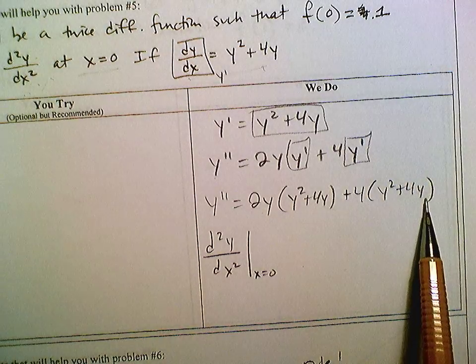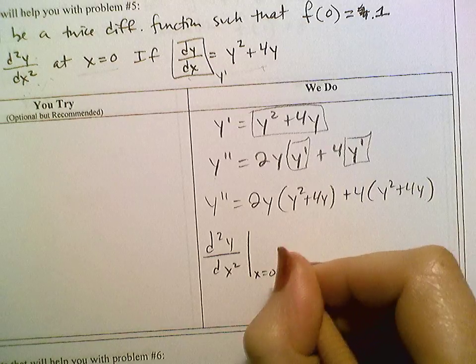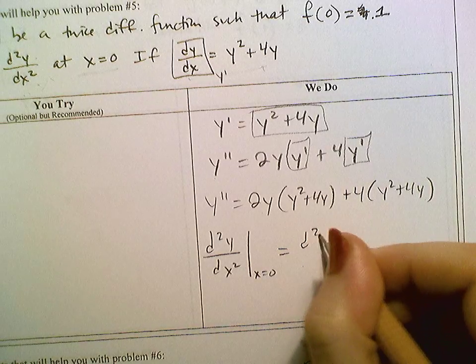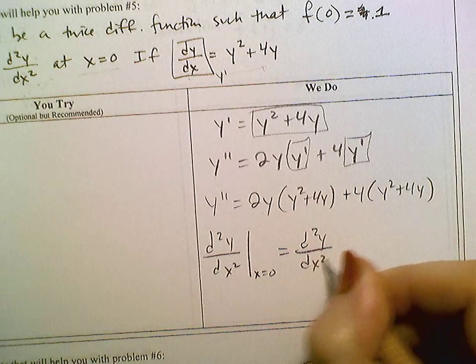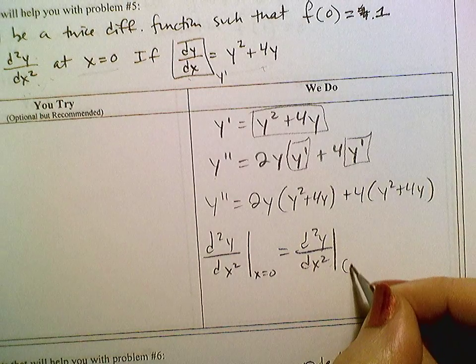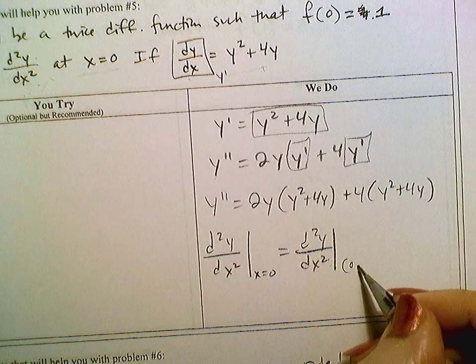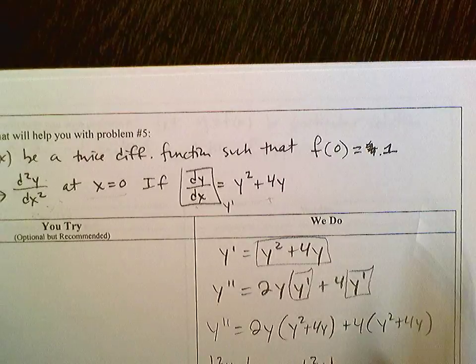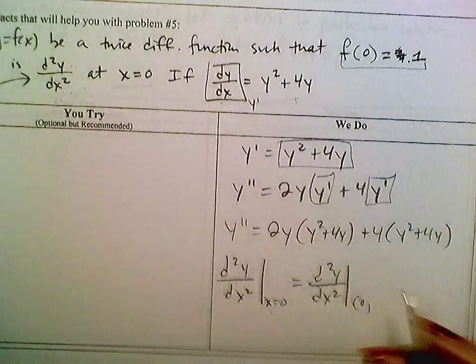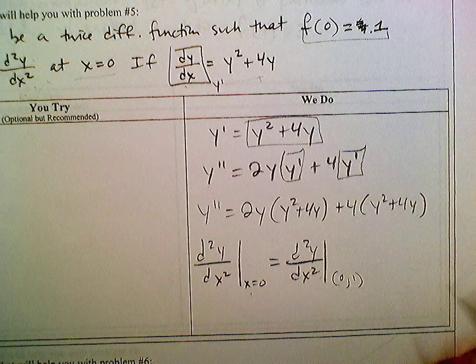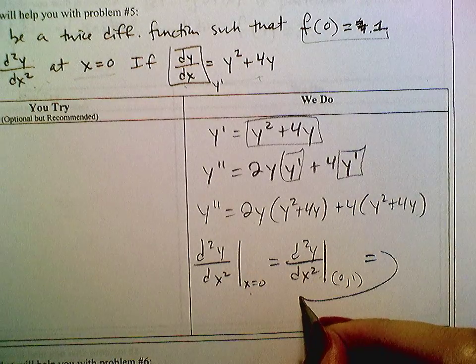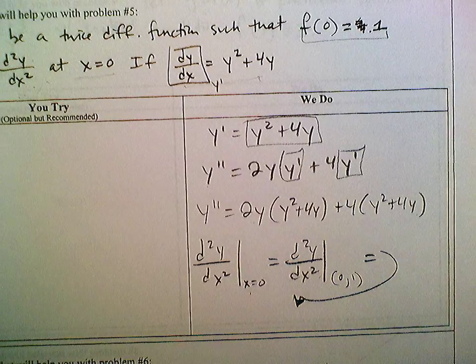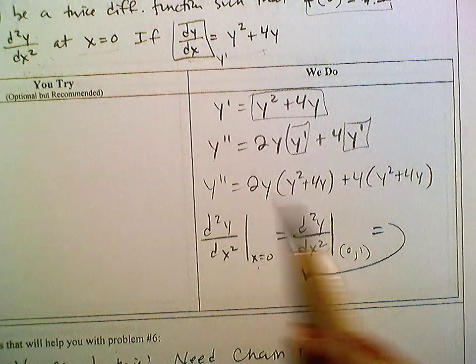We don't have any x values. We only have y's. So we could say this is equal to the second derivative evaluated at the point that has 0 as an x coordinate, and they gave it to us at the beginning. So 0, 1.